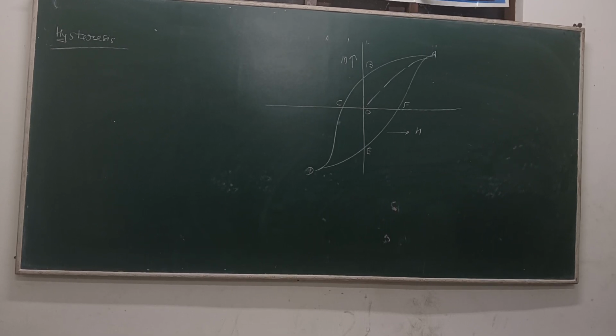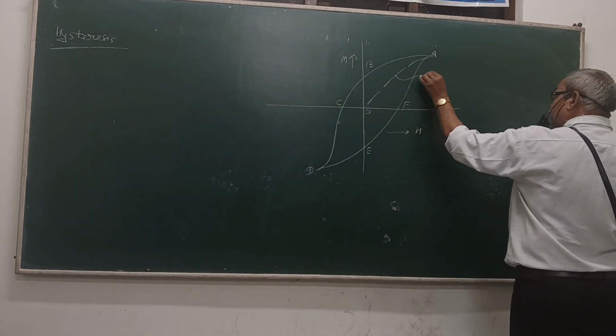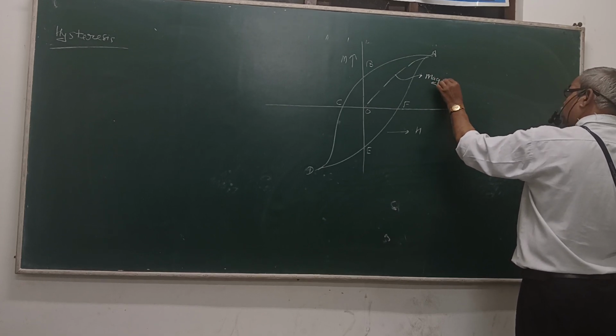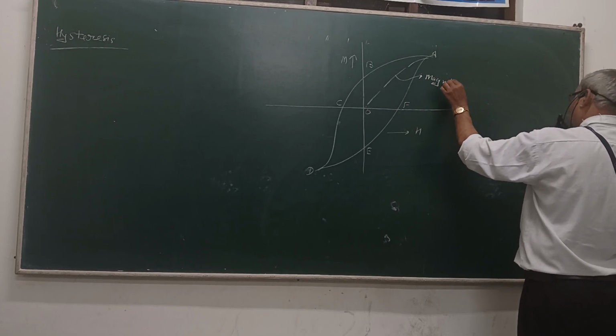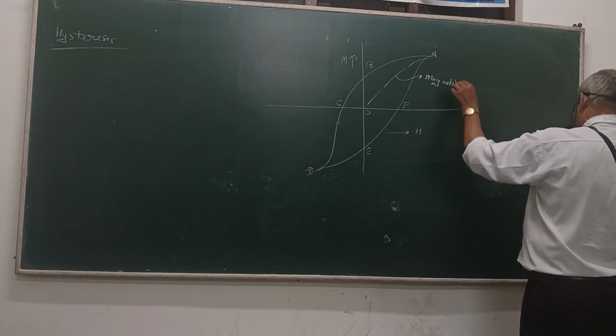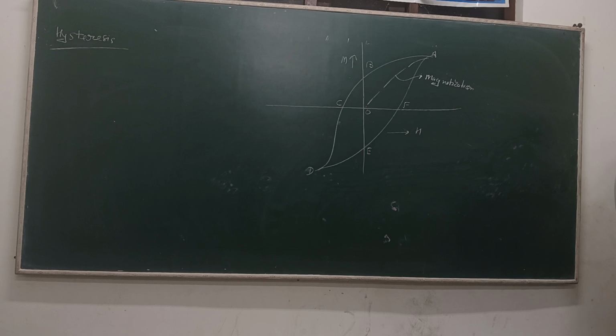यहाँ ये कह रहा है कि हमारे पास जो OA है, ये मैग्नेटाइजेशन कर्व है। At this state all the dipoles align and M has reached the maximum or saturated value.